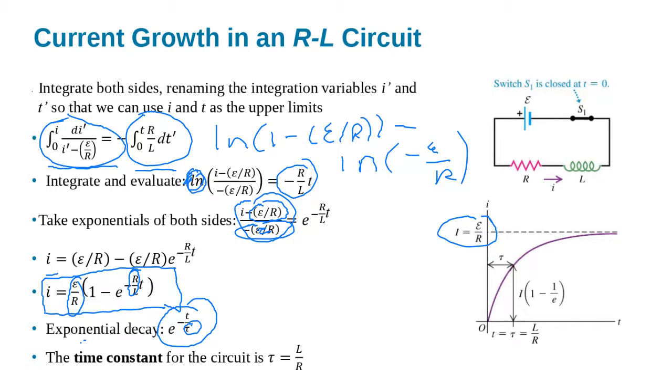Here R over L is multiplying t. So if we express this as a time constant tau, we just need to flip it round. If we are dividing t by that, R over L becomes L over R for our time constant.